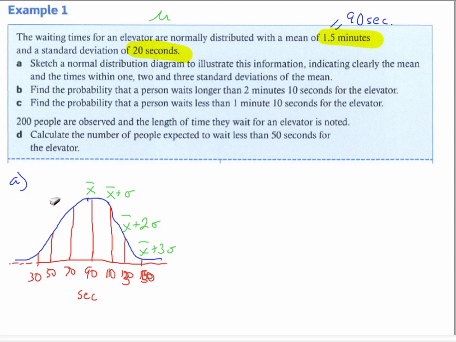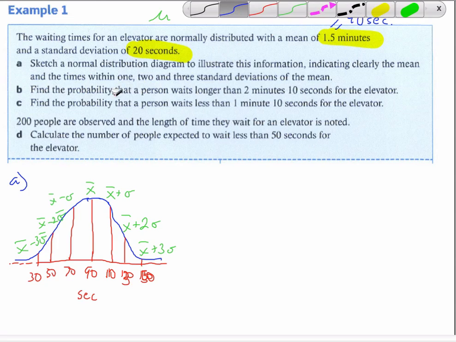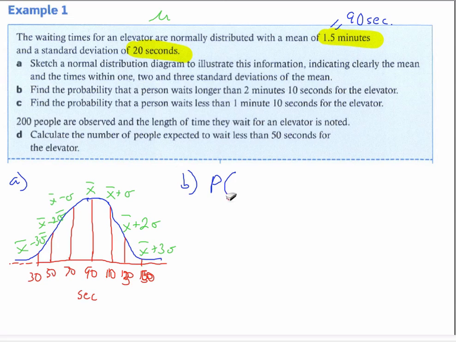And over here you can do mean minus 1 standard deviation, mean minus 2 standard deviations, mean minus 3 standard deviations. Alright, so I've got all that in there. Next, part B. Find the probability that a person waits longer than 2 minutes 10 seconds. So I'm going to write that as P for probability.